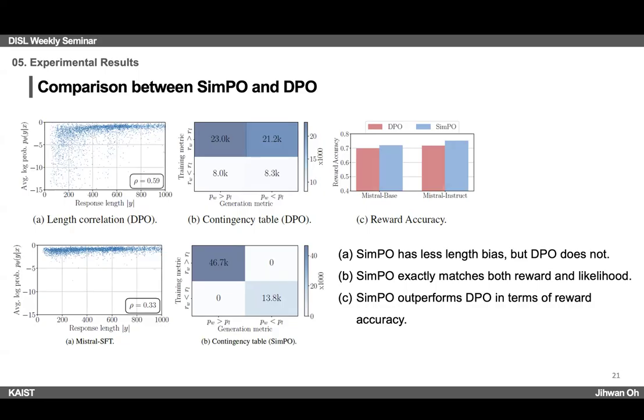The inclusion of the reference model in the reward equation in DPO makes this kind of discrepancy. So the training metric involves the reference model in the reward equation, but in the generation metric, the authors erase that part.